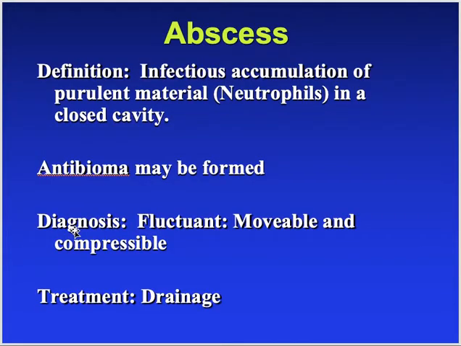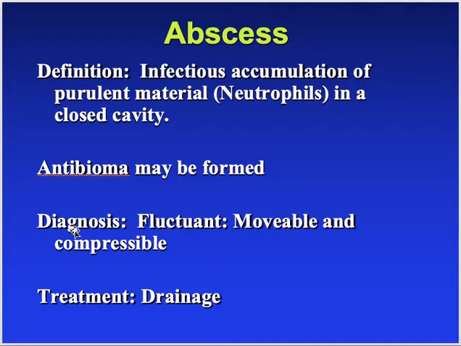Then there is abscess. Now, abscess is basically a collection of pus in a closed cavity. And if you know what pus is, basically, pus is the dead white blood cells.